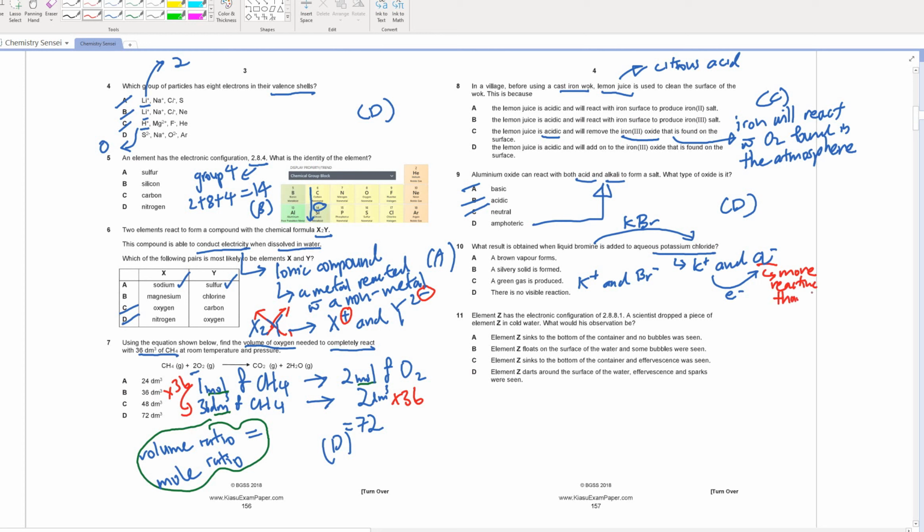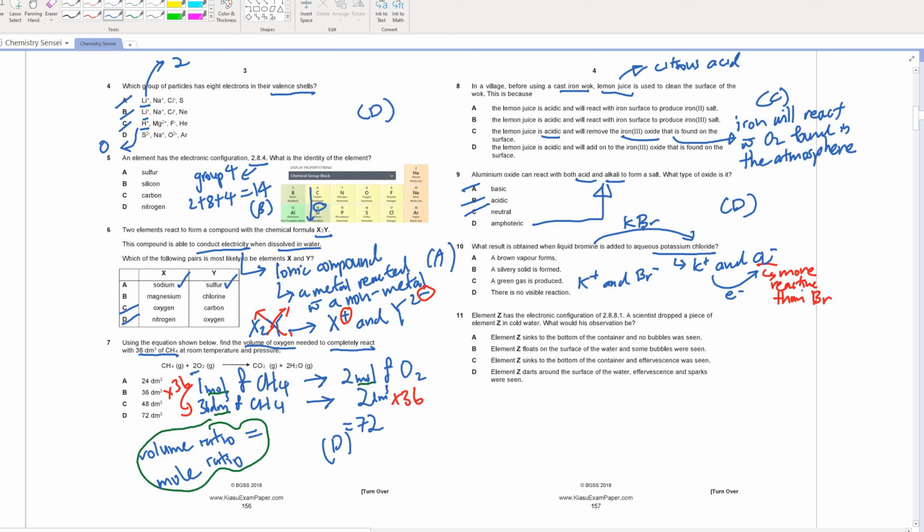Okay, as bromine is bigger in size because it is located below chlorine in group 7, it is more difficult for the nucleus of bromine to attract the electron donated by potassium.